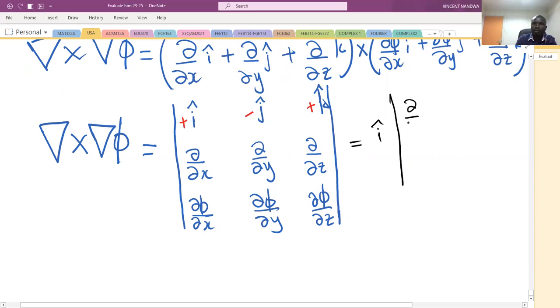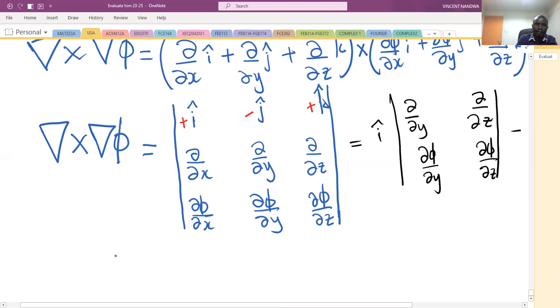So partial y, partial z, partial phi partial y, partial phi partial z, minus j.